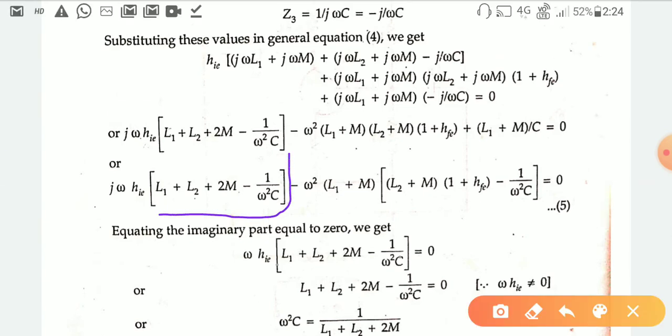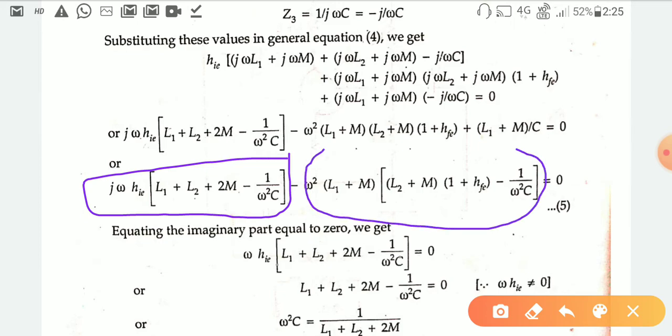This portion is the imaginary part, and this portion is the real part. From the imaginary part you can calculate what frequency it can generate, and from the real part you can identify what condition should be fulfilled to maintain the oscillation process.